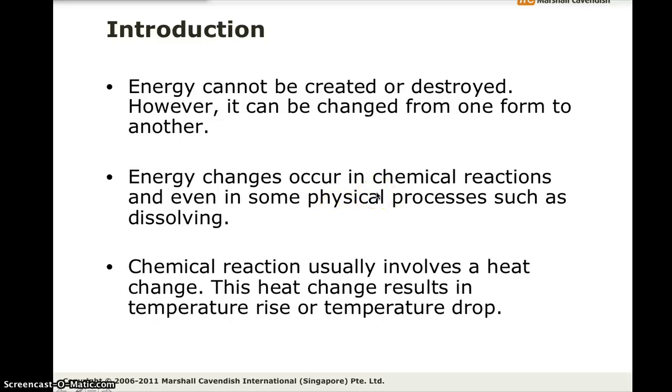Remember when we dissolve ammonium nitrate in water? This is a physical process, but there is a change in heat energy, right? Heat energy is actually taken in from the surrounding. Chemical reaction usually involves a heat change, and the heat change results in temperature rise or temperature drop.